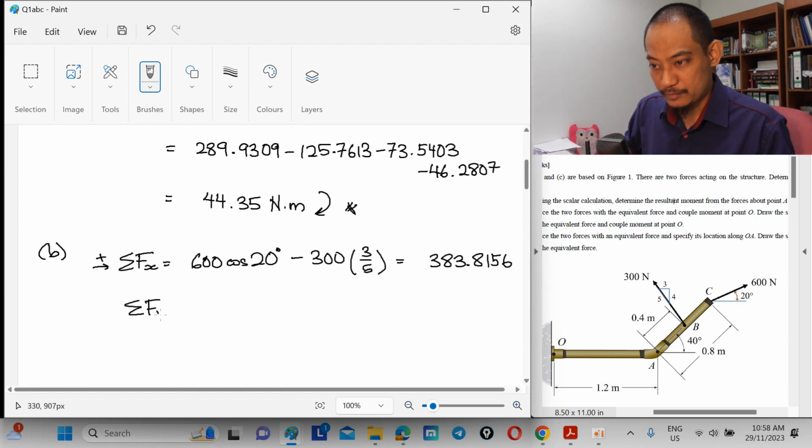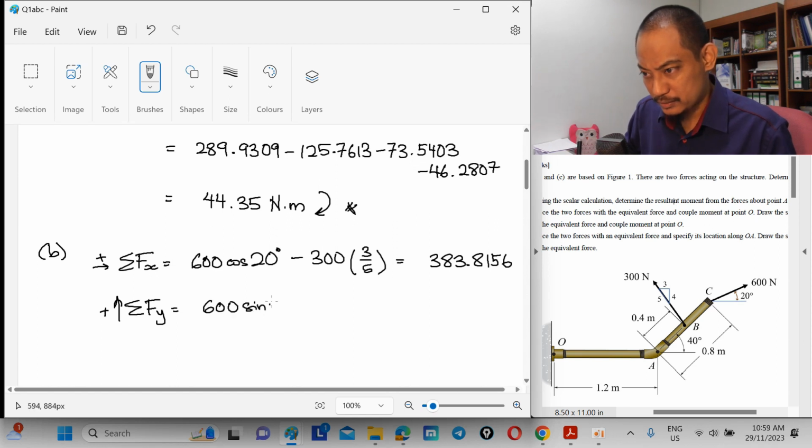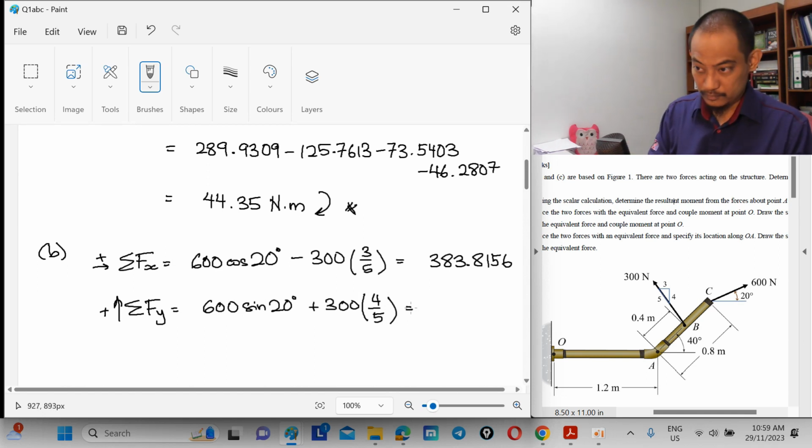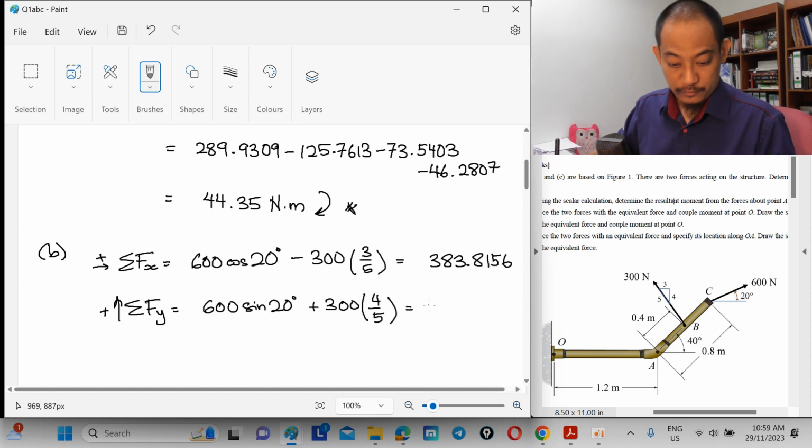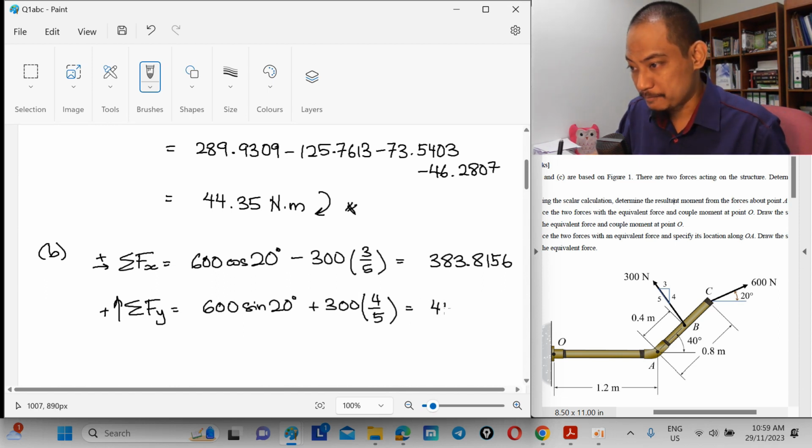Summation of Fy, taking upwards as positive. So you have 600 sine 20 degrees plus 300 times 4/5, which is 445.2121.